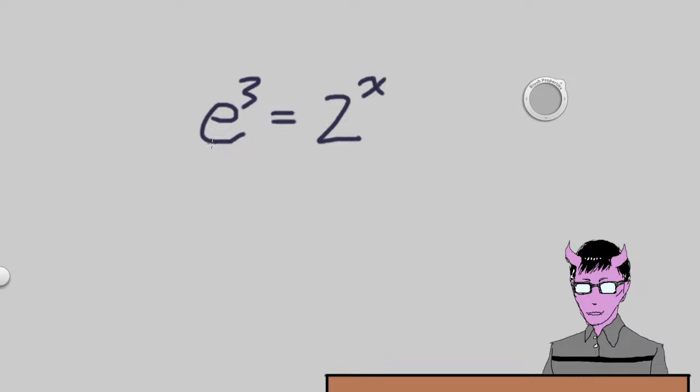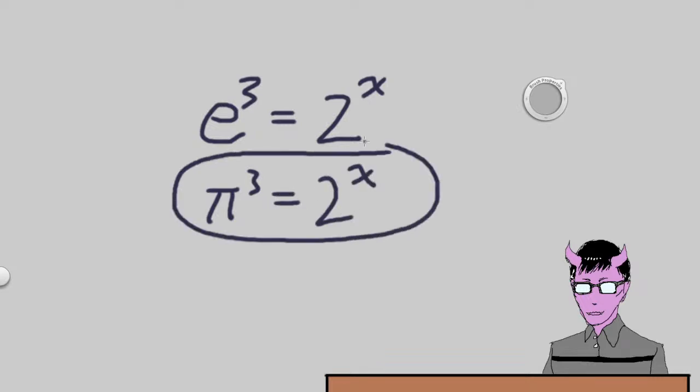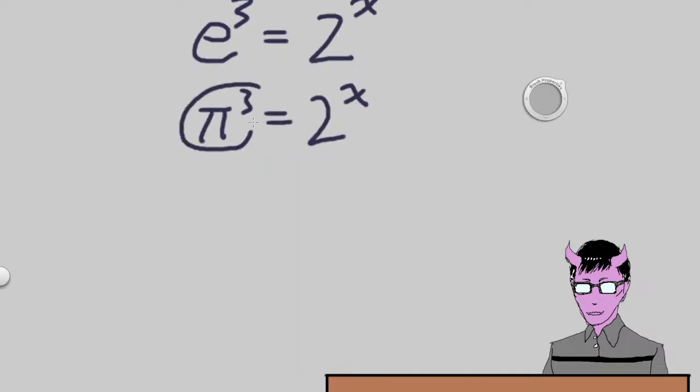It is just a constant, 2.72, etc. Again, it's similar to having pi cubed is equal to 2x. In the second scenario, this term right here is just a constant, pi to the power of 3. That's a fixed number. This one has your variable, and this one is a fixed number.